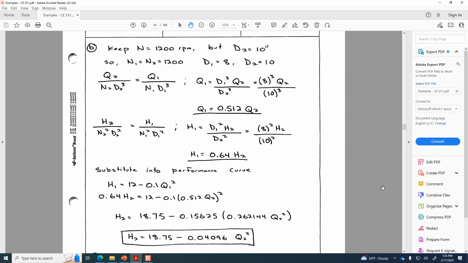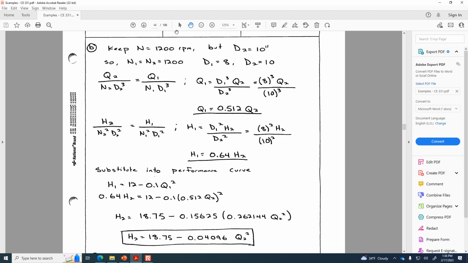So this bigger pump's going to cost more money. So what do we get for that extra money? Think about how the performance curve is different than the original performance curve, and what does that mean? The original performance curve was a cutoff head of 12, and then the pump head is being reduced at a rate of 0.1 units of head, which would be 0.1 meters is the coefficient.